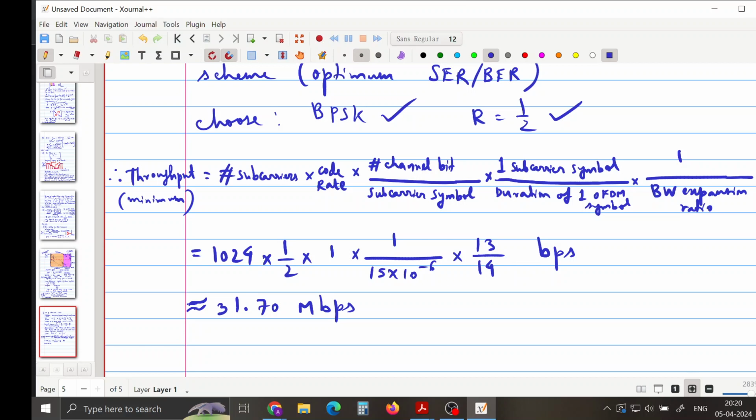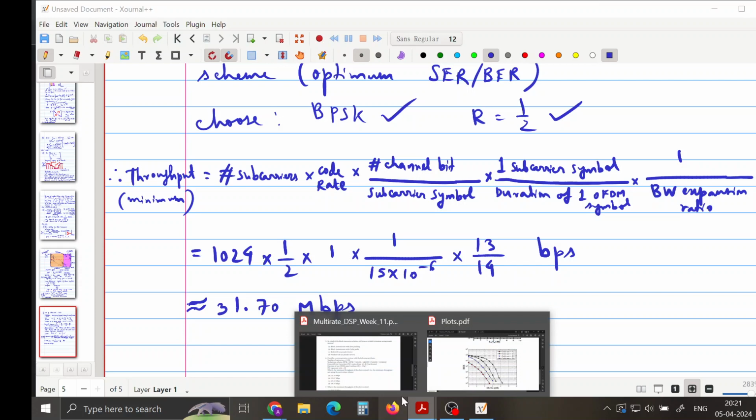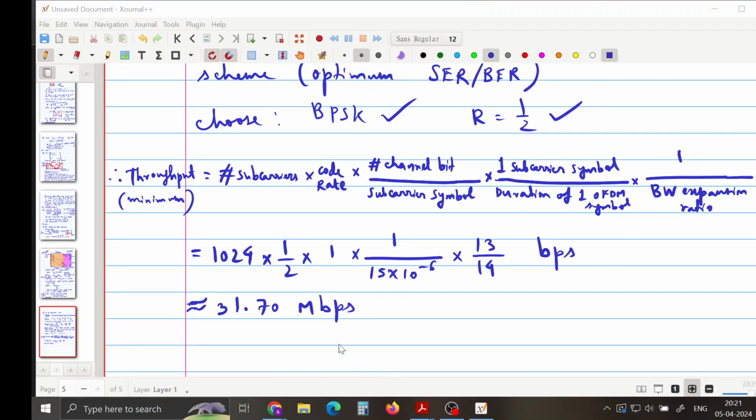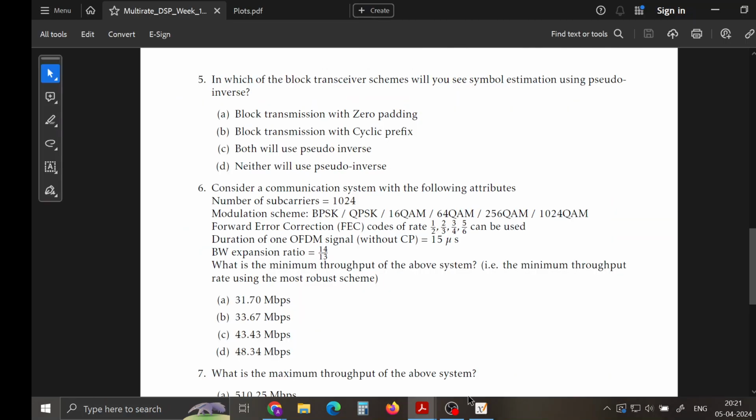So basically this 1 by 10 to the power minus 6 means 10 to the power 6. So that gives you megabits per second actually. So if you do the calculation, you get this value, and so 31.70 matches with the first option, option A.